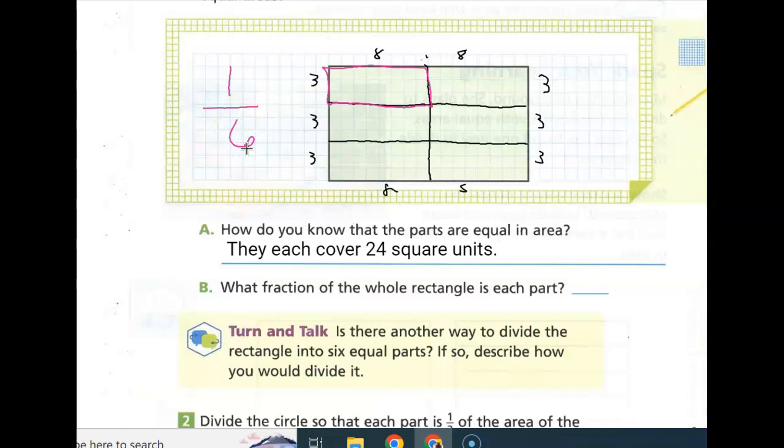So your rectangle is 1/6. And this could be 1/6, right? Each little box could be 1/6. And together we would have how many if we added 1/6 6 times? We would have 6/6.